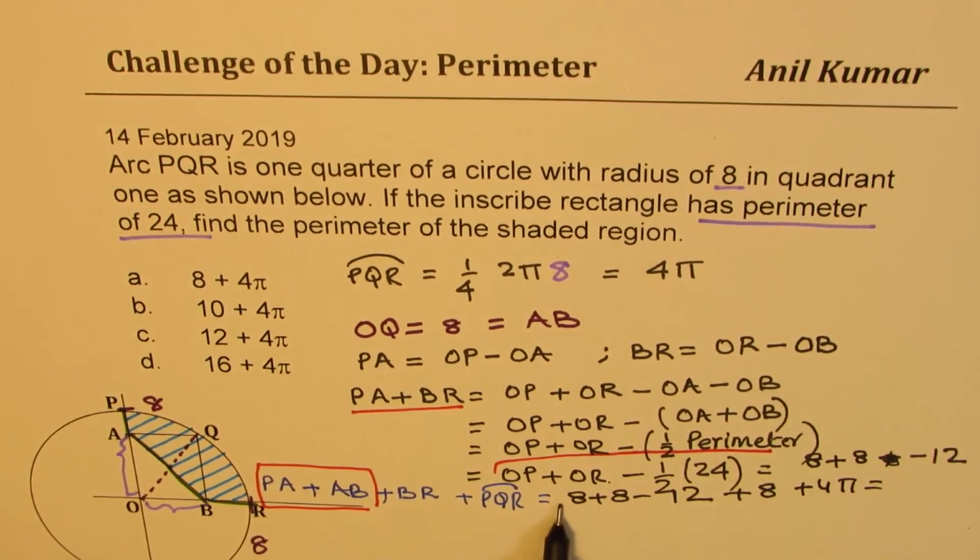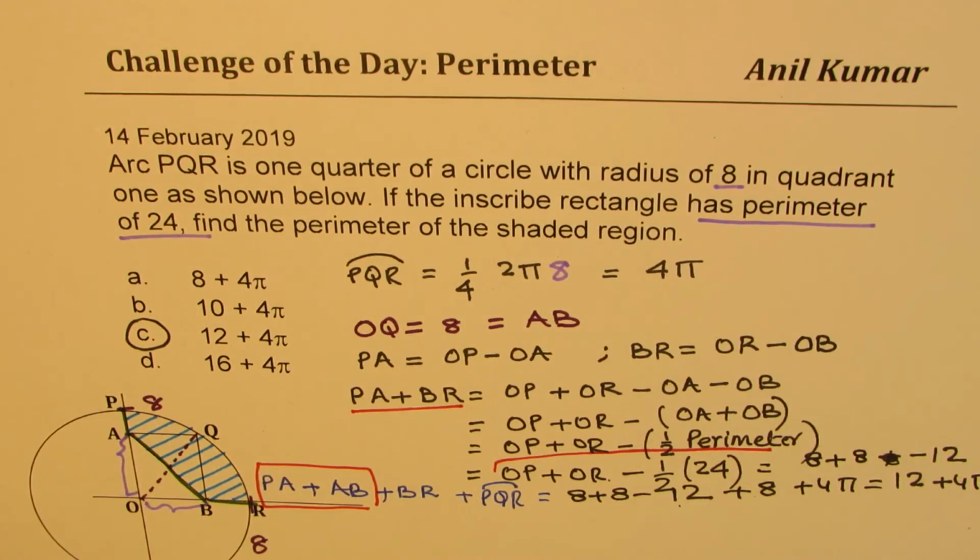So this is 8 times 3, which is 24, minus 12. I didn't simplify it, so that you get a fairly good idea of where we are heading. So it comes to 12 plus 4 pi. So the option C is the right option, correct? That is how we are going to solve this particular question.